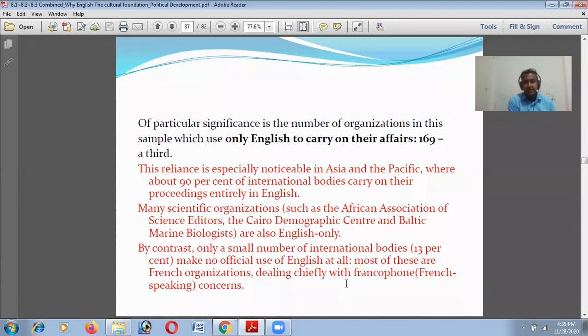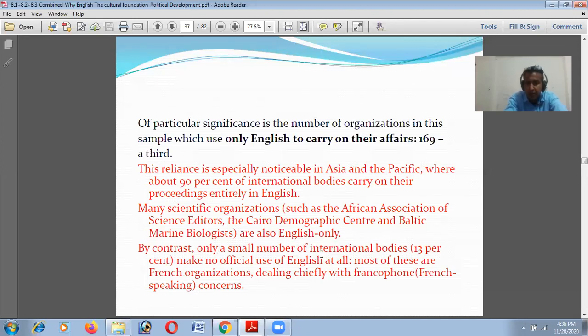The reliance is especially noticeable in Asia and the Pacific, where about 90% of international bodies carry on their proceedings entirely in English. Many scientific organizations as well, the African Association of Science Editors, the Cairo Demographic Center, and Baltic Marine Biologists, also use English.